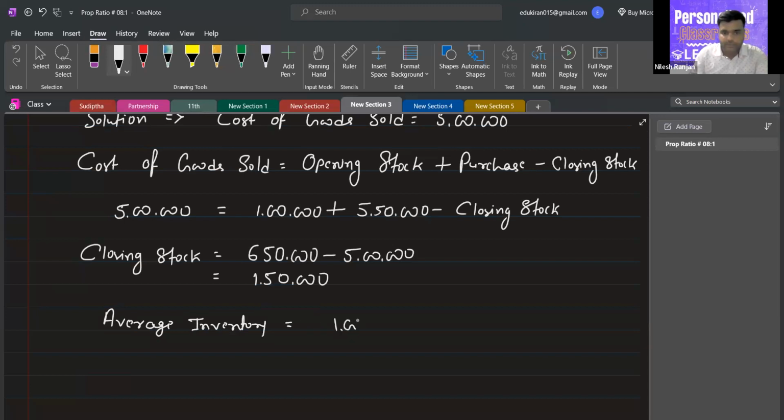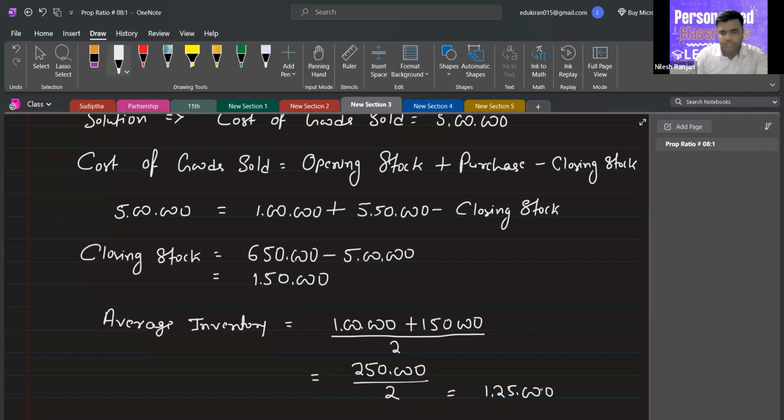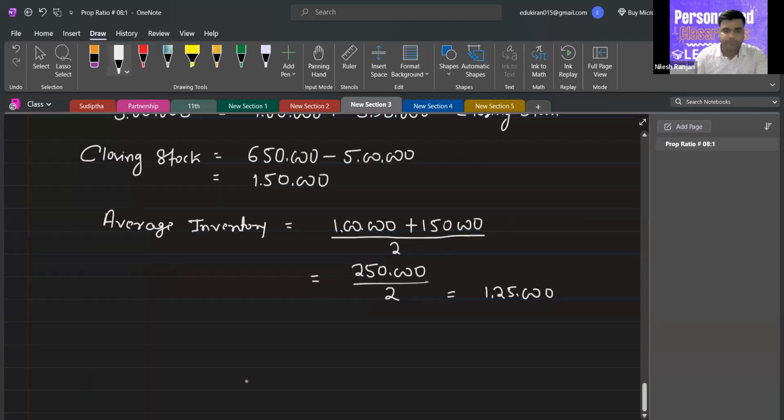So 1 lakh plus 1,50,000 divided by 2. Total is 2,50,000 divided by 2. So it is 1,25,000. This is your average inventory.